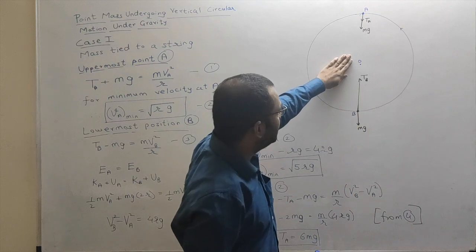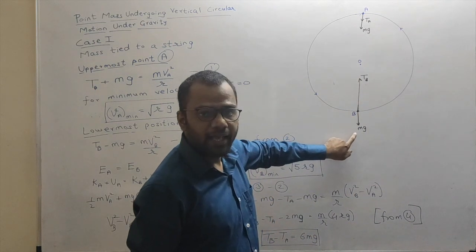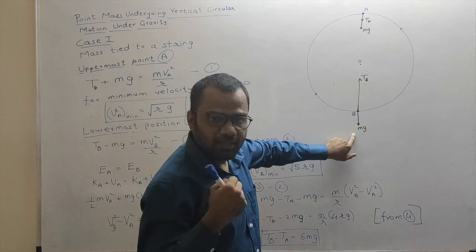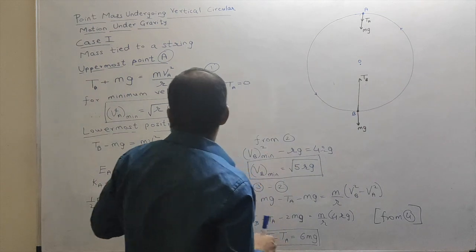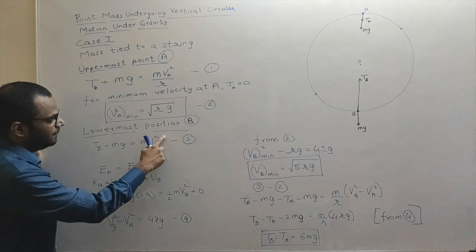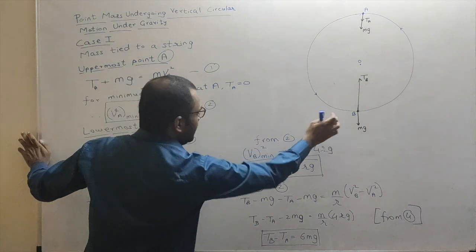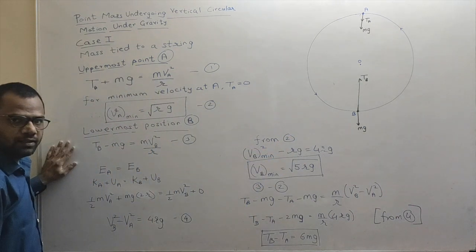Now what should be the equation? The net force towards the center will be Tb minus mg, and that will provide the centripetal force. So as you can see, Tb minus mg is equal to m vb square upon r for point B. Okay, fine.